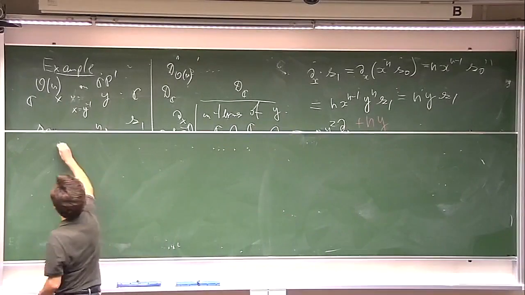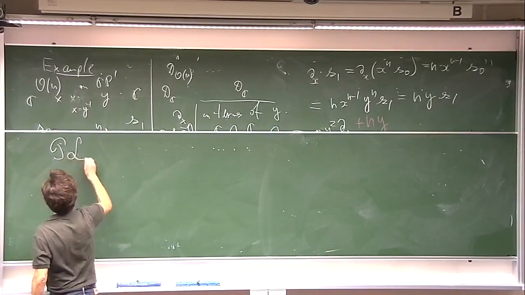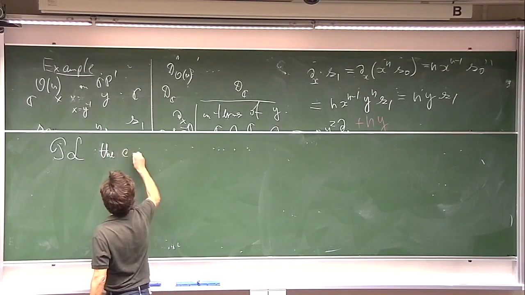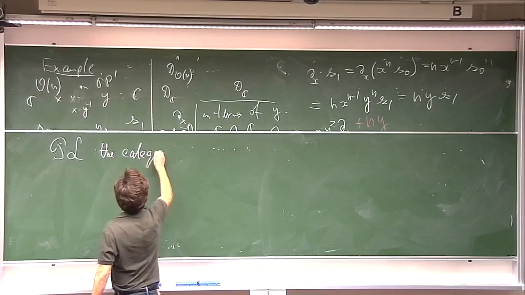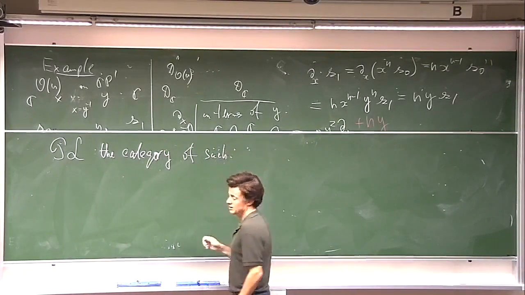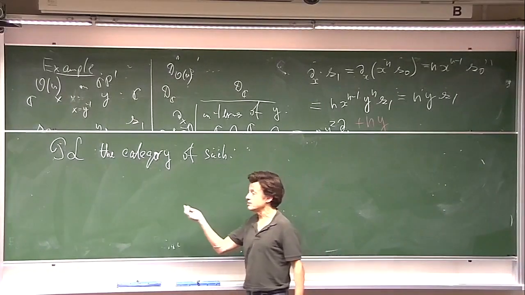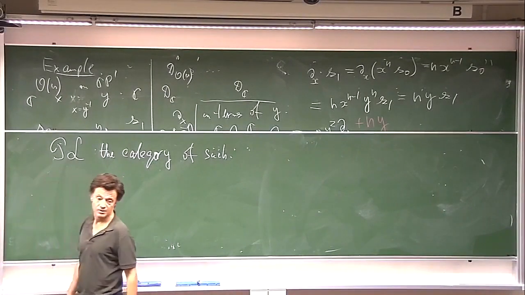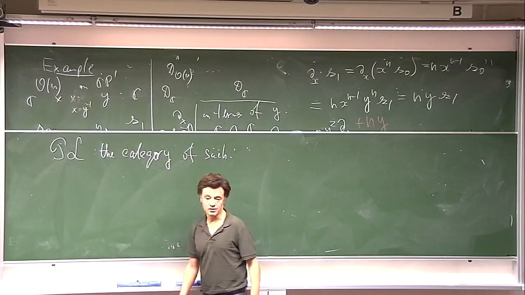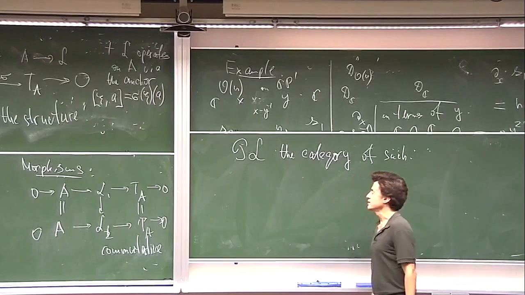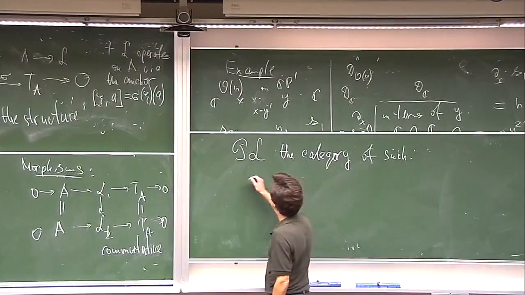So let me define the category of such things. Clearly, any such morphism is an isomorphism. Very simple exercise. So this is a groupoid.